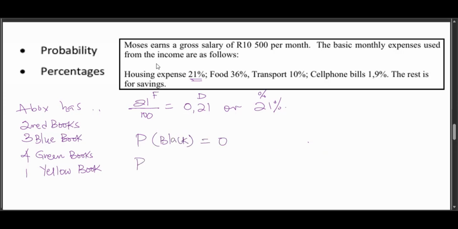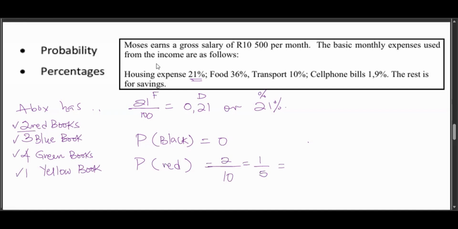But then, what's the probability of picking a red book? First and foremost, you know red, it's here. There are 2, so you say 2 out of, add everything here. So we have 2 plus 3, 5, 4, 9, 10. Okay, it's out of 10. So you have to simplify it further, which becomes 1/5.